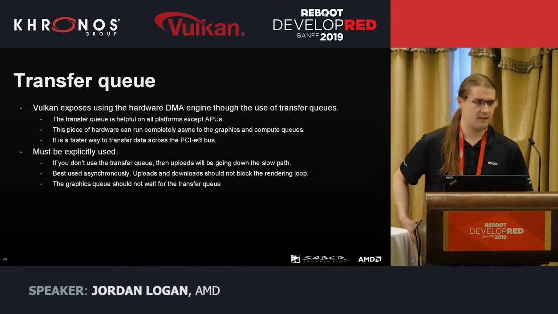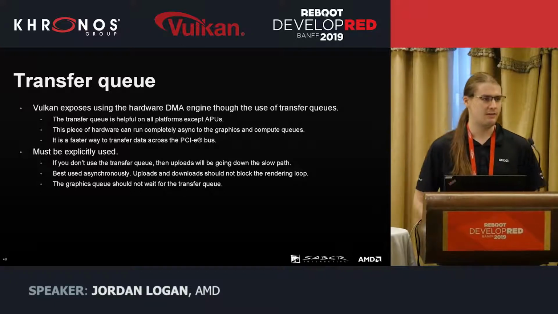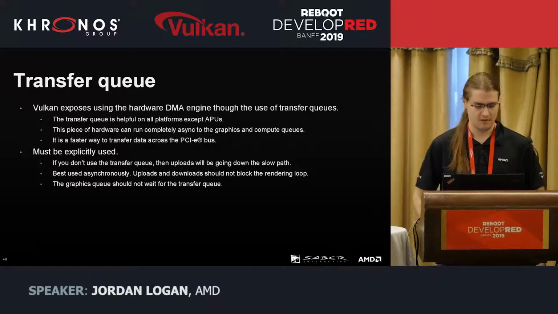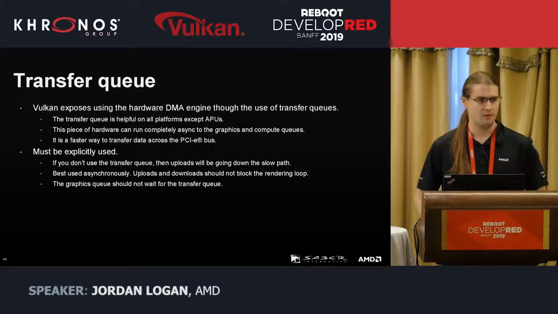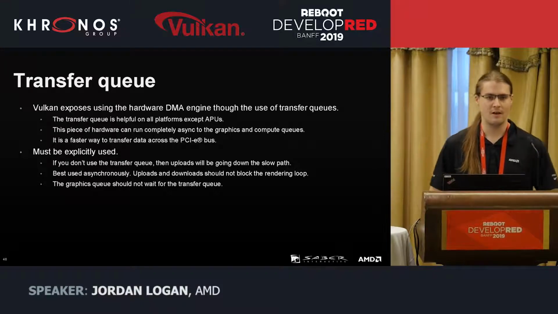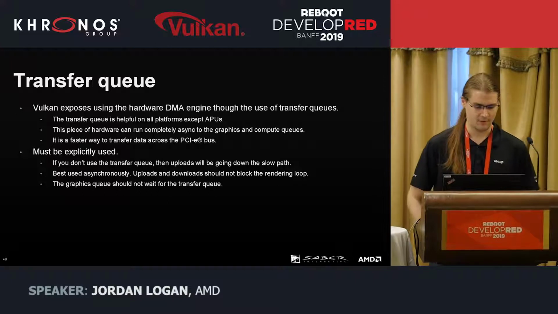The first thing is the transfer queue. Vulkan exposes the hardware DMA engines that are in most GPUs and lets you explicitly use them. In the older APIs, the driver would have to do some heroics to pull uploads and downloads out of the graphics queue into a transfer queue.